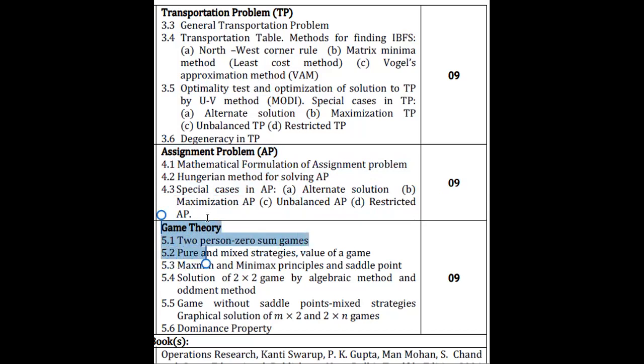Then to solve a two-person zero-sum game, we will first define what are the strategies, pure strategies, mixed strategies, and value of the game. Then there is a method, maximin or minimax principle, to solve the two-person zero-sum game.